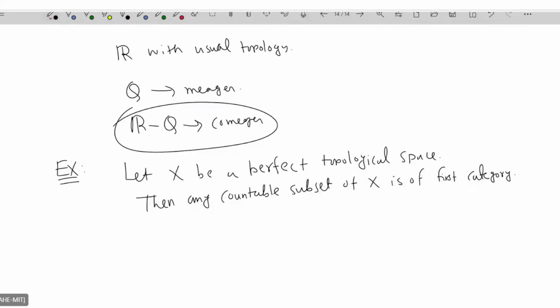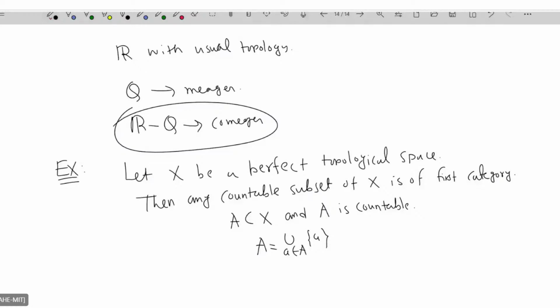How? If we have a countable set, let A be a subset of X and A is countable. Then we write A as the union of singletons {a}, a belongs to A. Now singleton {a} is a nowhere dense set. Why? Because this cannot be an open set.